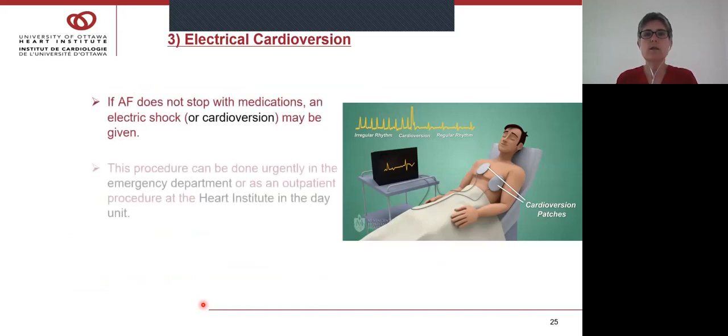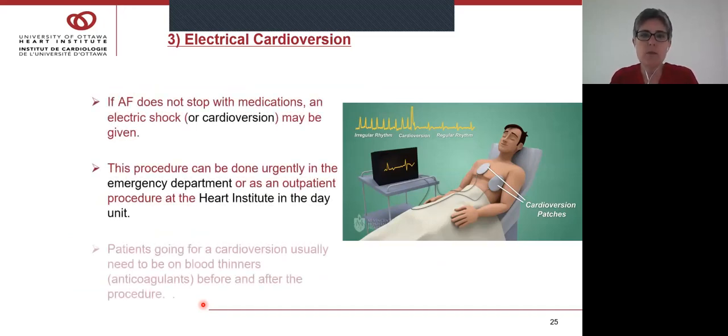So another way of dealing with symptomatic atrial fibrillation is an electrical cardioversion. With the electrical cardioversion, you're given a short-acting anesthetic, so you're asleep, you don't feel anything. As you can see, we put 2 pads on the chest and you're on a heart monitor.